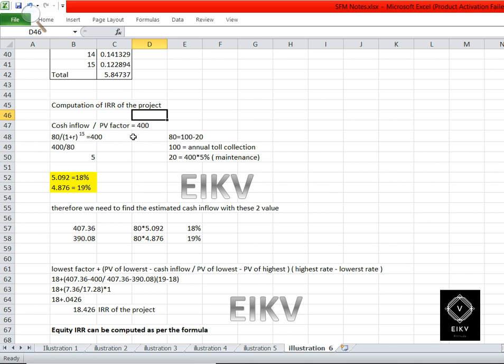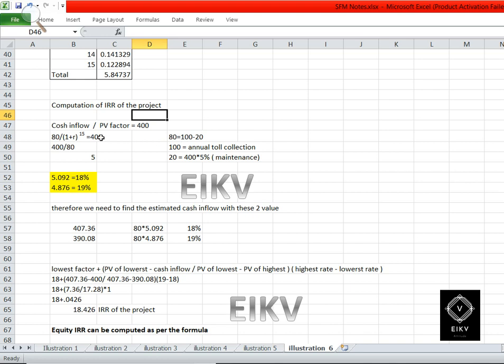Here 80 is nothing but the cash flow of the year of the project. So 80 equals 100 minus 20. 100 is the equal annual toll collection. 20 equals 400 into 5%, which is allowed as the maintenance charges. So when we deduct 20 from the 100 toll collection, we get 80.